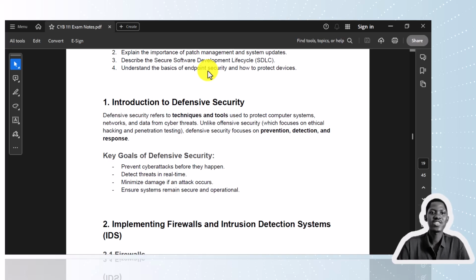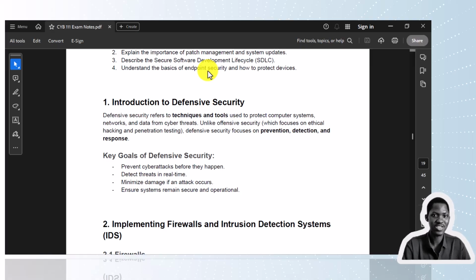Defensive security in cybersecurity refers to the techniques and tools that you use to protect computer systems, networks, and data from cyber threats. So that's defensive security. It's not more than that.